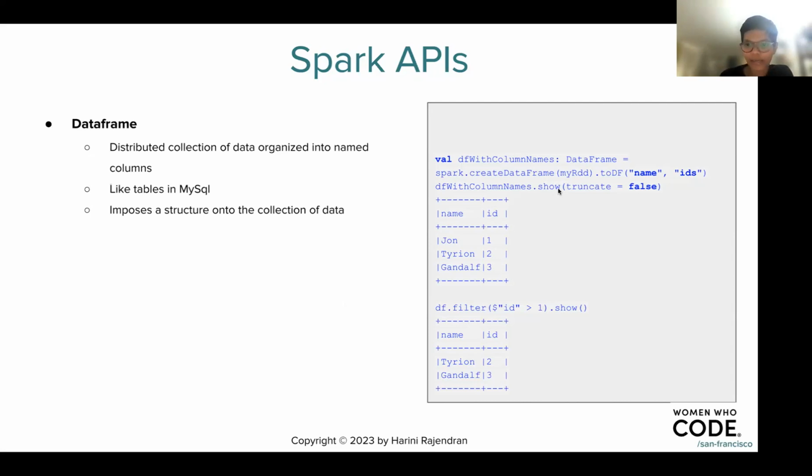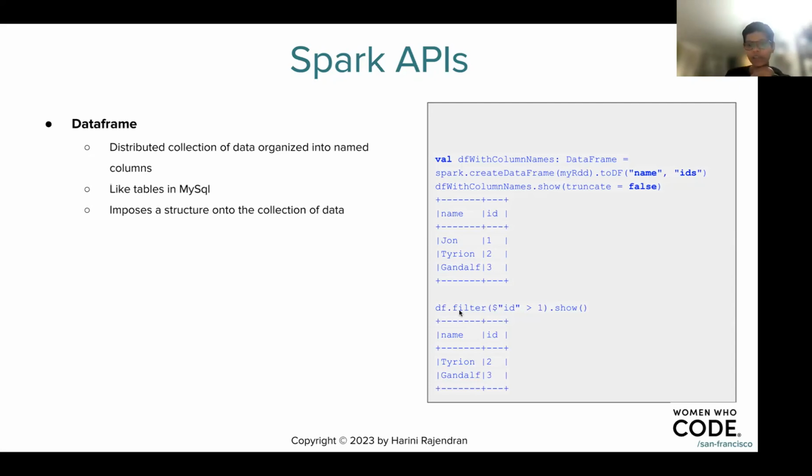Here we are creating a data frame with column names. We are again passing an RDD to it and saying, hey, this RDD has two columns. The first column is called names and the second column is called IDs. Then if you do the data frame dot show, it prints that whole data frame.